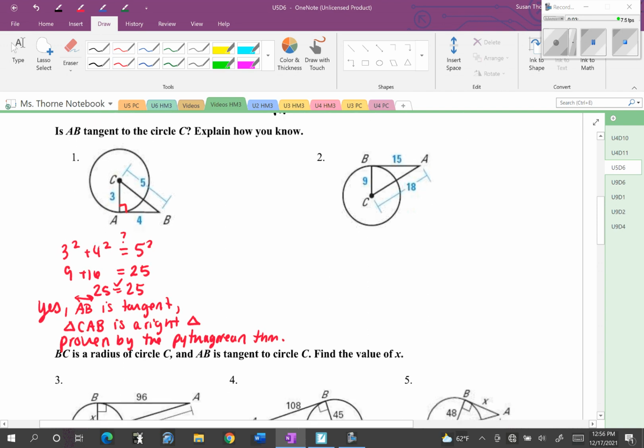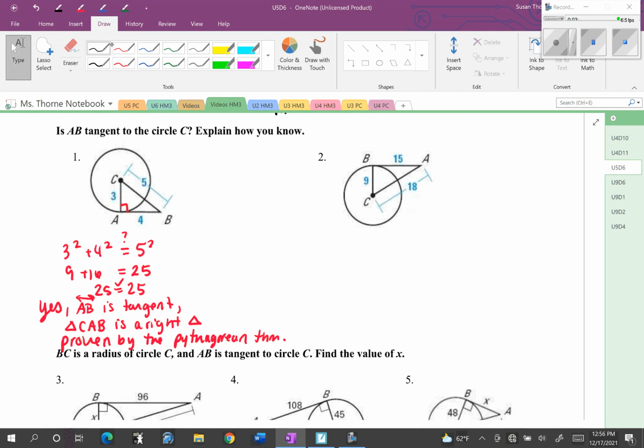So let's go ahead and look at number 2. We do the same thing for this problem. So we have AB, we're trying to figure out if that's tangent. So CB is the radius at the point of tangency. So we have 9 squared plus 15 squared should equal the hypotenuse squared, which in this case is across from the right angle, which is 18. So if we solve, we get 81 plus 225 should be equal to 324.